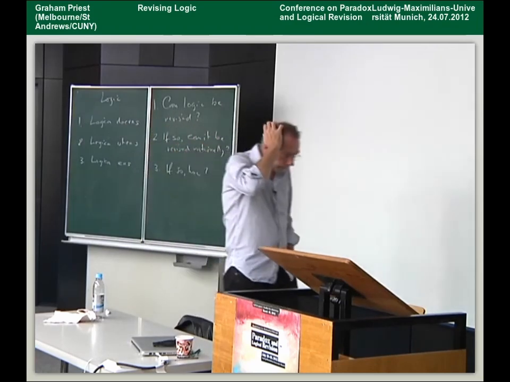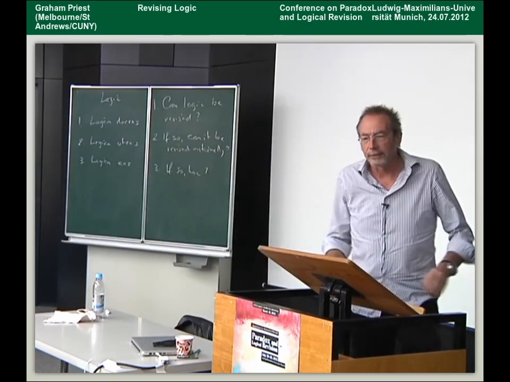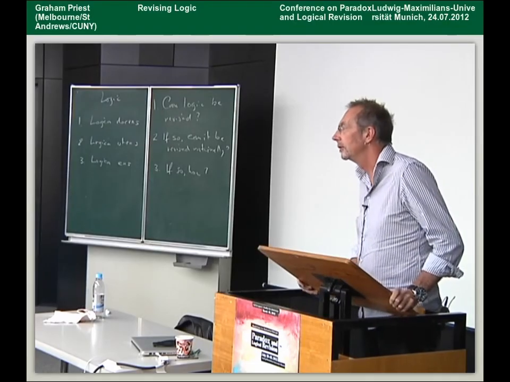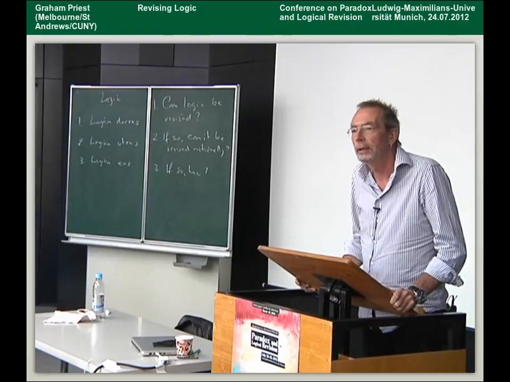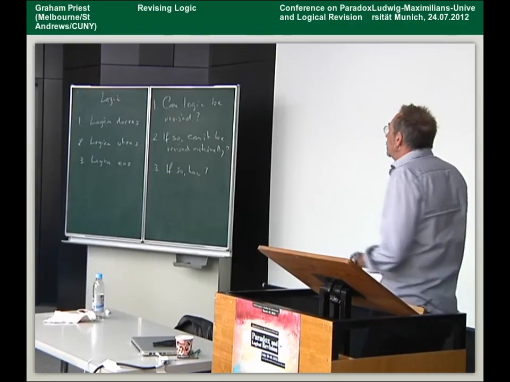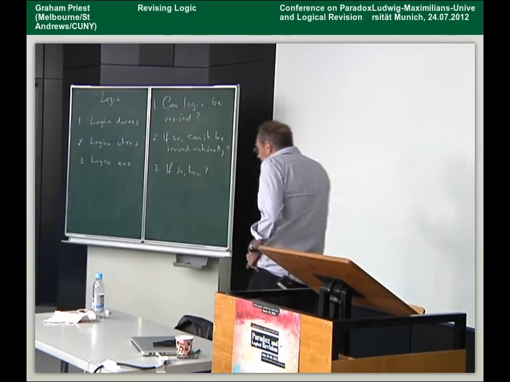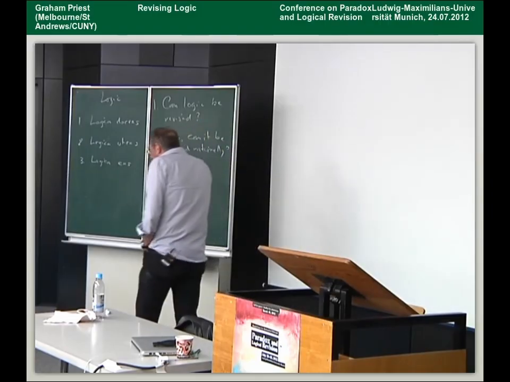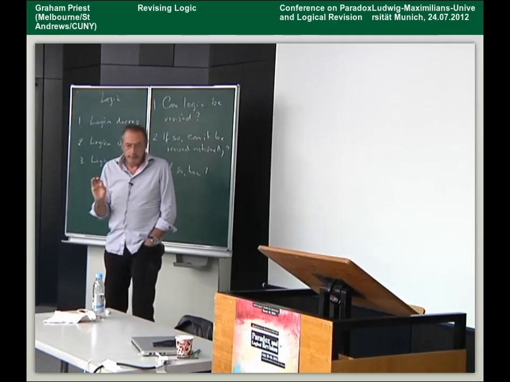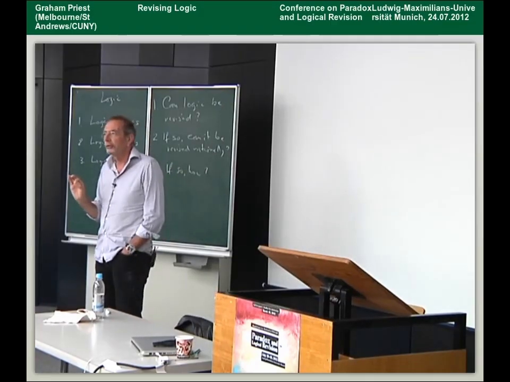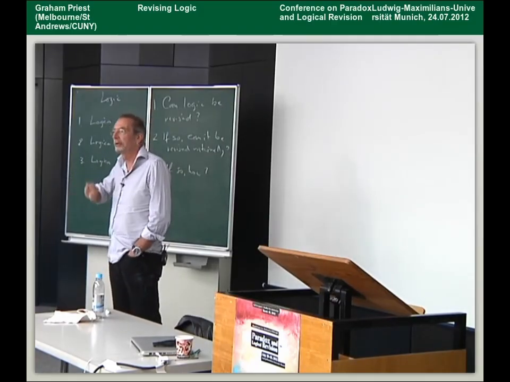And I'm not going to give you a systematic taxonomy of all the theories of validity you could give and run through the possibilities. That's not appropriate here. But let me make a few comments, because although there are many theories of validity out there, I think there are two dominant approaches in contemporary logic.